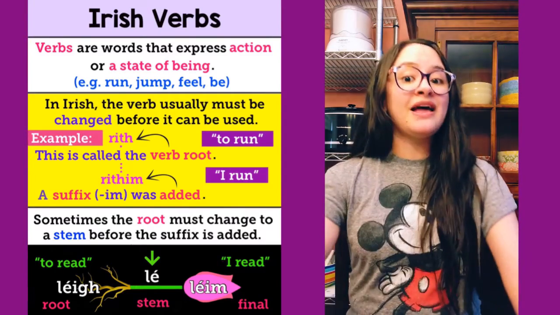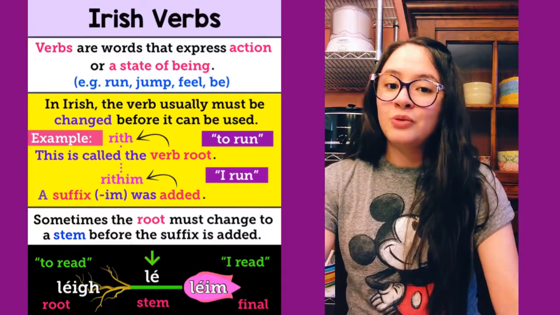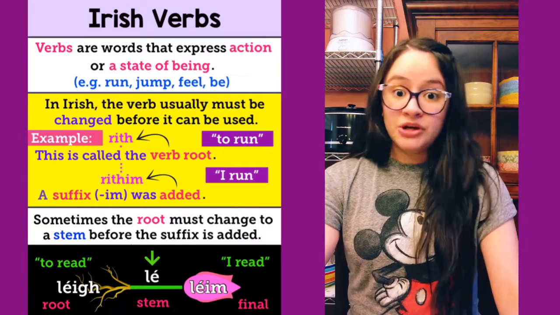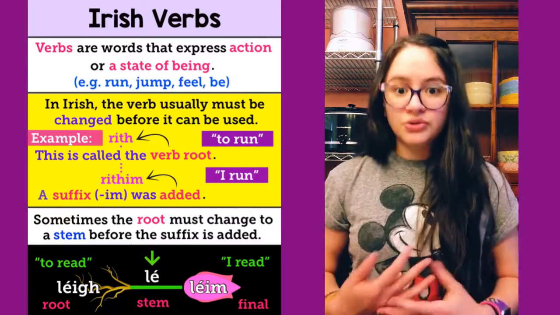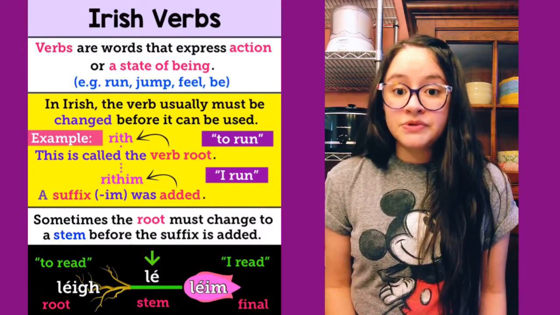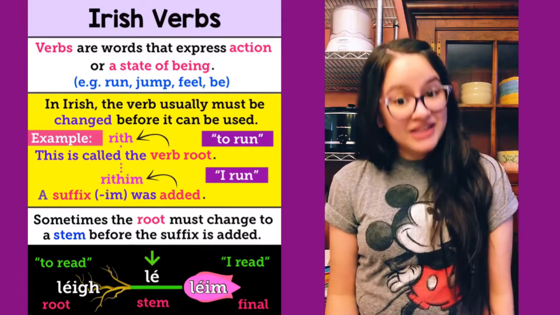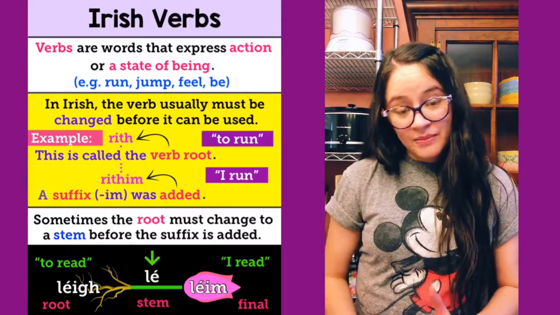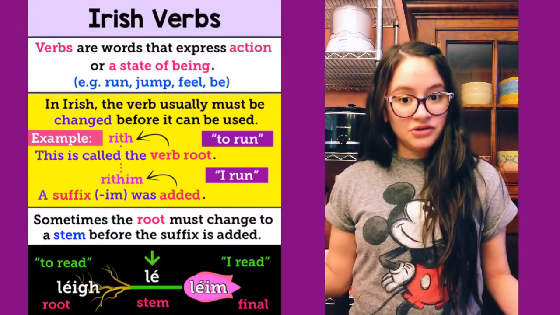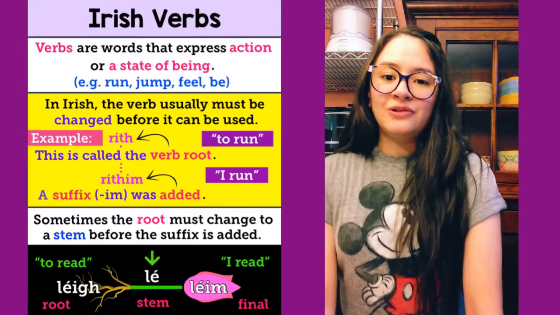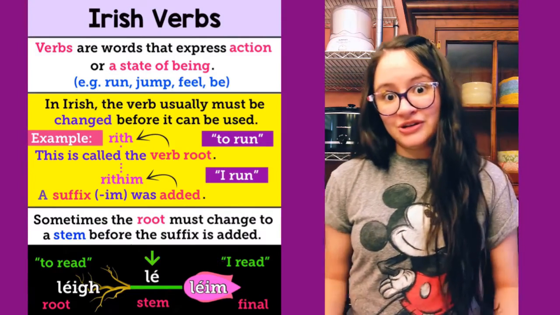But it's not always that straightforward. As a matter of fact, most of the time, we can't jump straight from the verb root to a usable form. Sometimes we have to change the verb root into what's called a verb stem, and then from the stem, add the suffix to get our final form. I've got a little illustration down there to show what I mean.